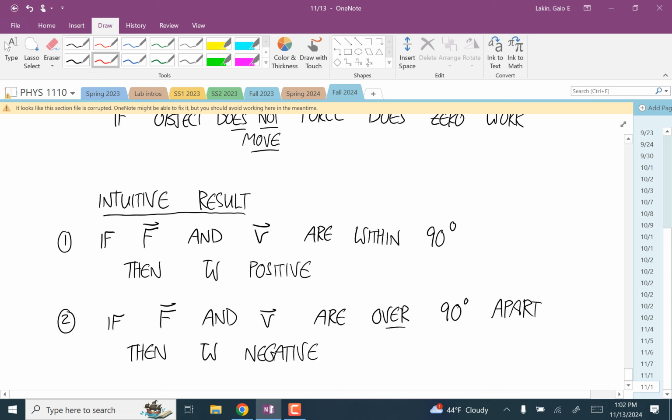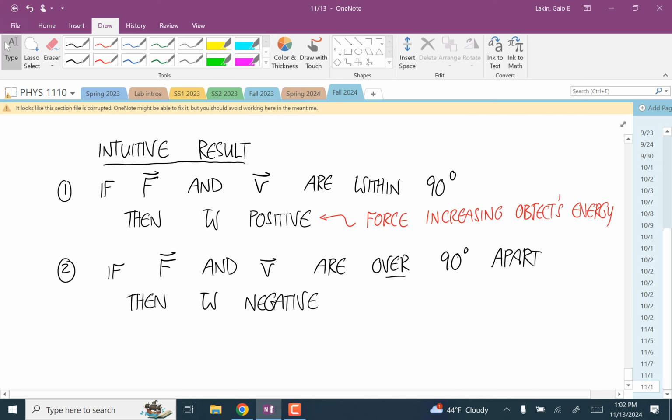And let me make a note here. Work positive means the force is increasing the object's energy. If they're over 90 degrees apart, then the work is negative, and that means the force is decreasing the object's energy.